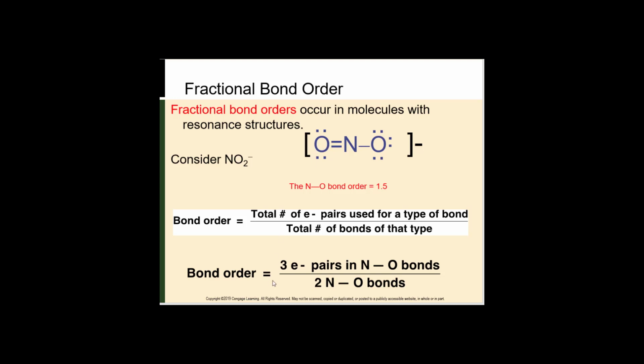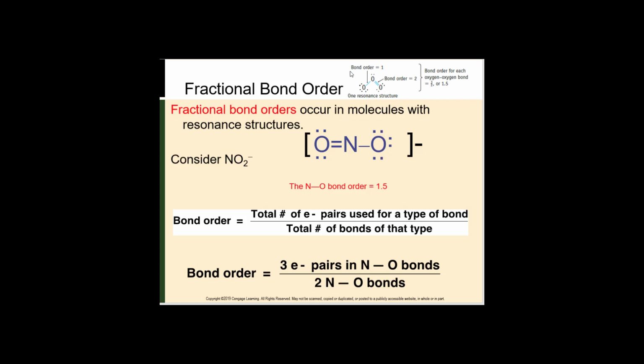So therefore, we take the 3 total electron pairs used for a type of bond divided by the total number of bonds of that type. So we would take 3 divided by 2 to get 3 halves, or 1.5, pretty much just averaging the 2 together.